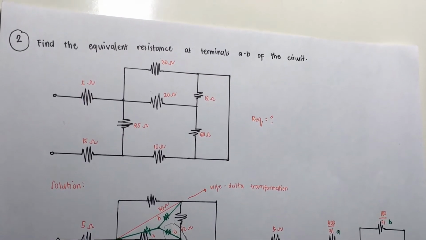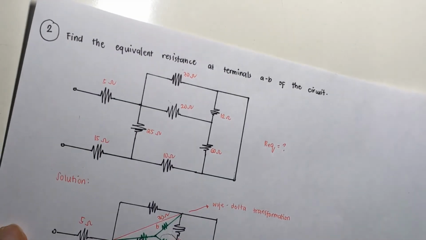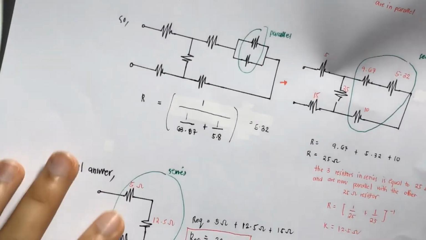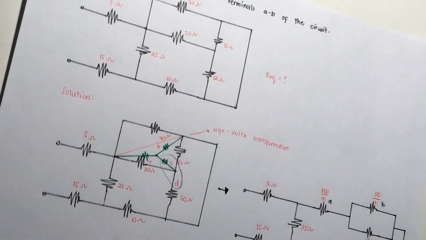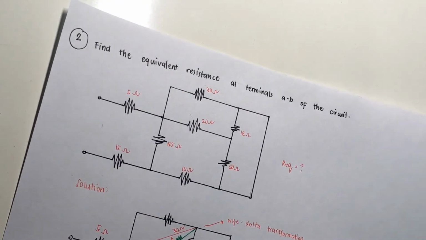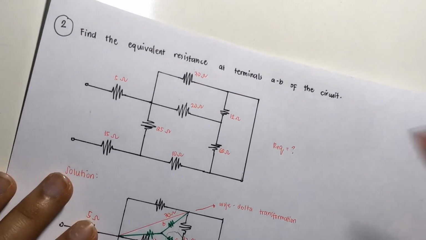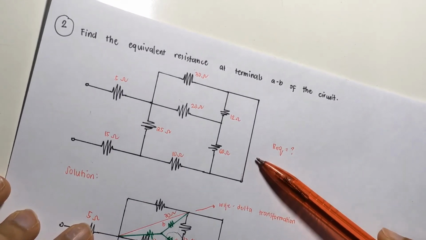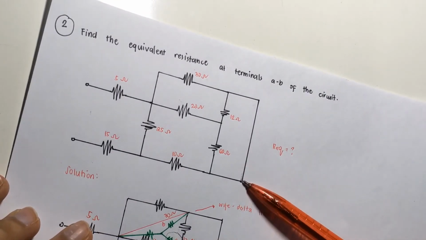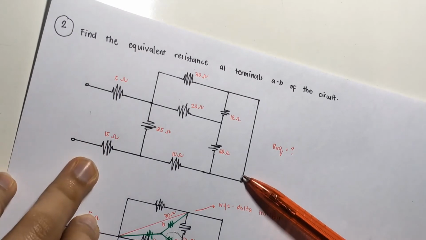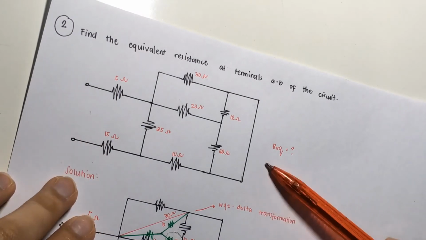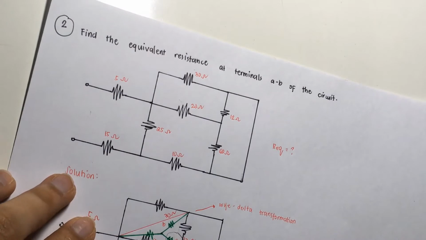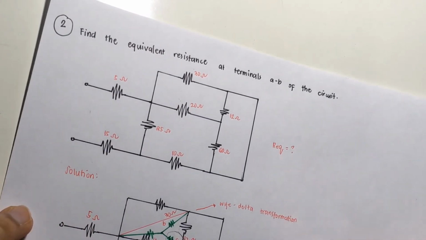So find the equivalent resistance at terminals A and B of the circuit. So I already wrote all the solutions in this problem to save time. For this circuit, we can get the equivalent resistance by solving it in a simple way, but we can also use another method, which is the Y delta transformation.